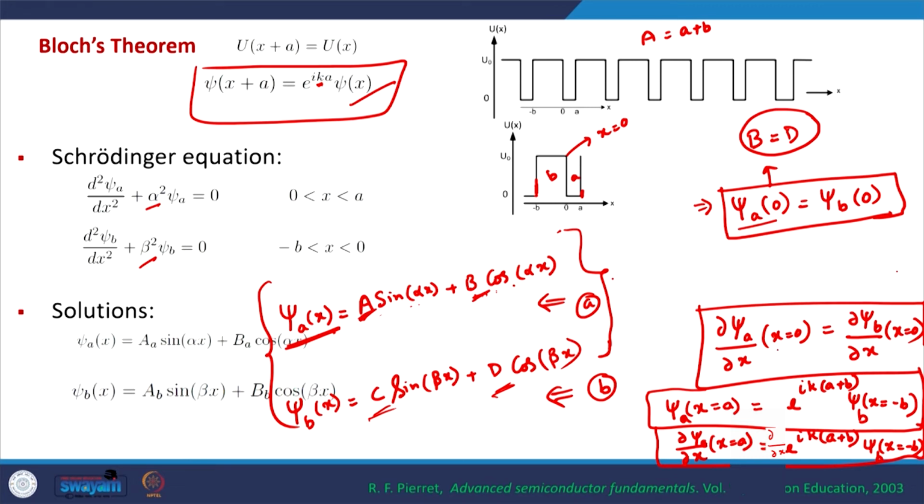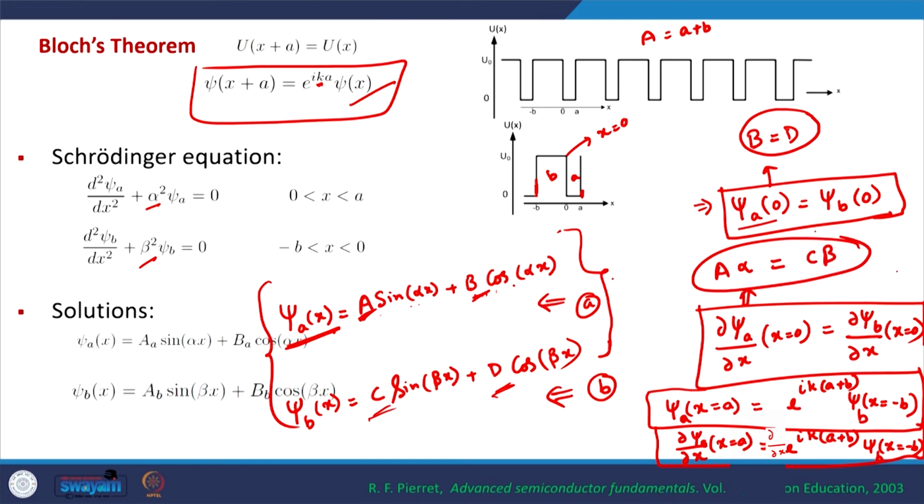The second boundary condition says that if we take the derivative of the wave function psi A(x), it would be A alpha cos alpha x plus B alpha times minus sin alpha x, and at x equal to 0 it would be A times alpha, and similarly it would be C times beta.